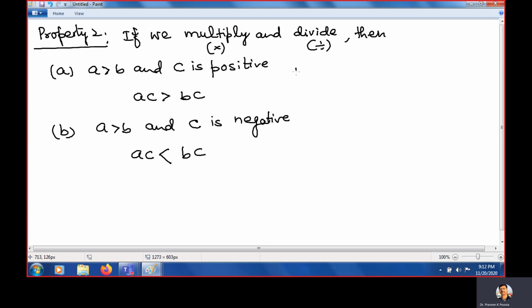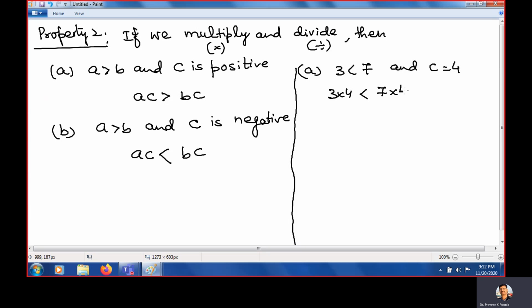Okay, so you will learn this with an example. Same example we will take. Let us take 3 is less than 7 and C is equal to 4 we took. So 3 times 4 less than 7 times 4. 3 times 4 is 12, less than 7 times 4 is 28. It is true.